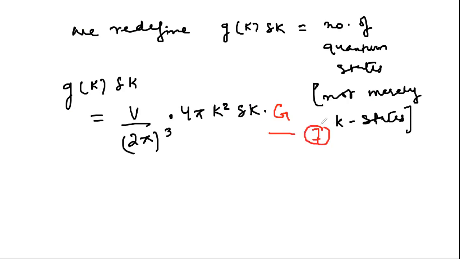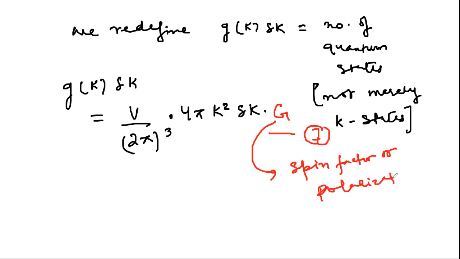V by 2 pi cube 4 pi k square delta k g. While this new factor g is called the spin factor or polarization factor.